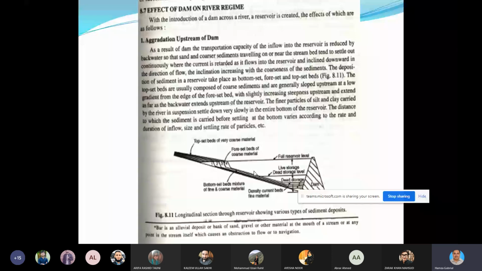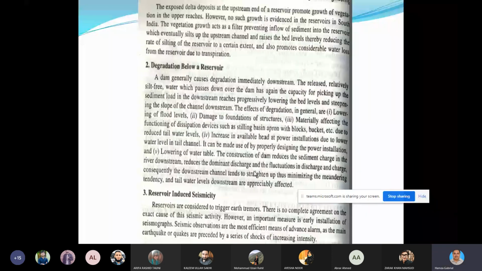Then what happens at the downstream level? So at the downstream below a reservoir, degradation starts, because almost all the sediment has settled down upstream. Like coarser, medium, and finer, all have deposited. So water generally is clear at the downstream side, and this clear water has got more erosive power.